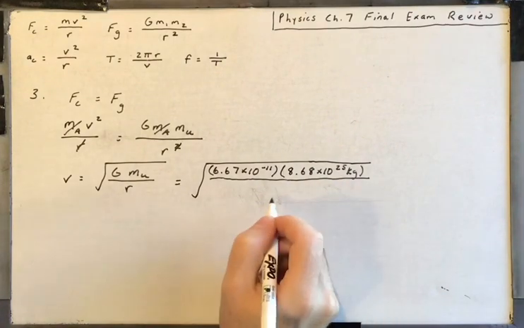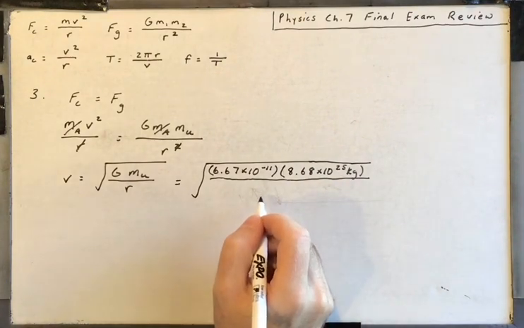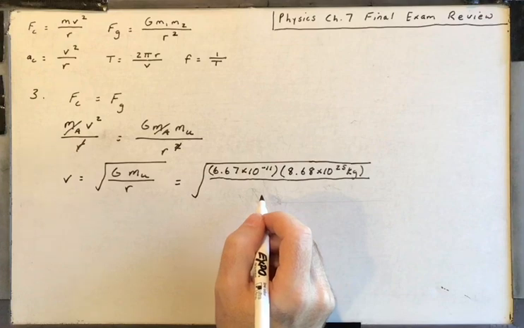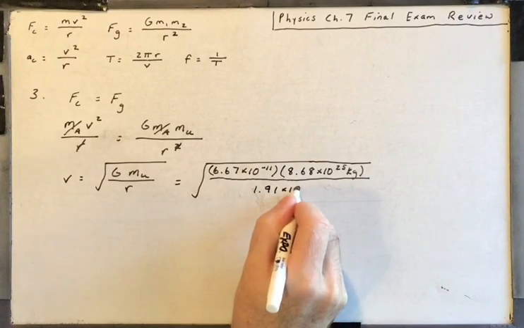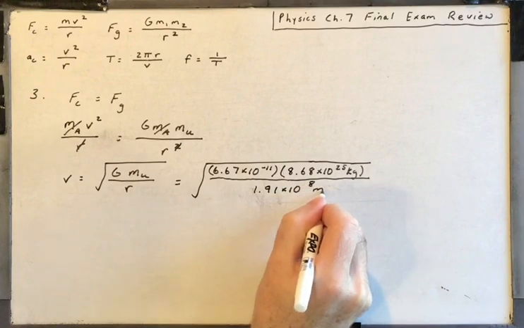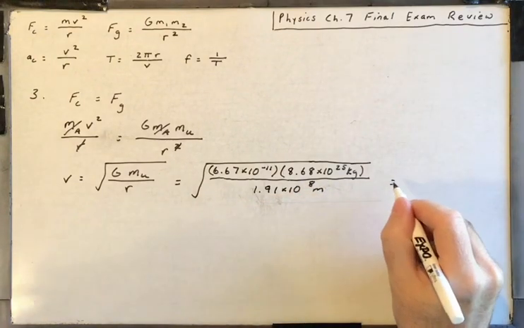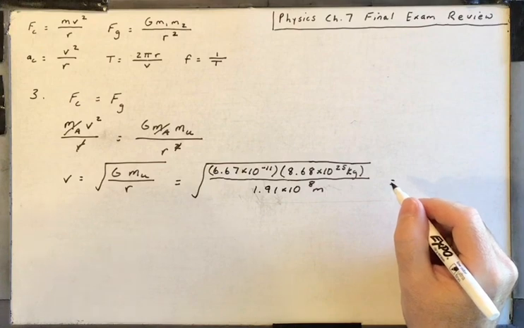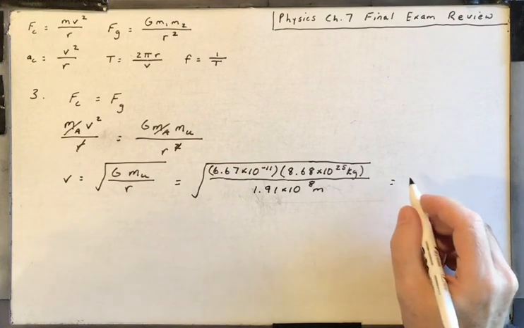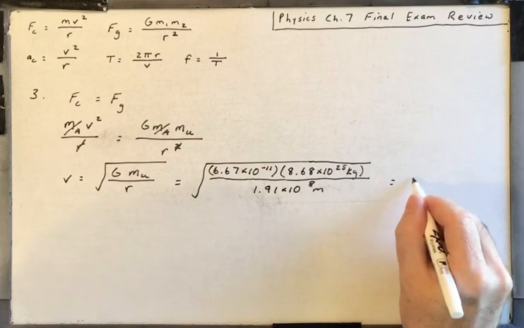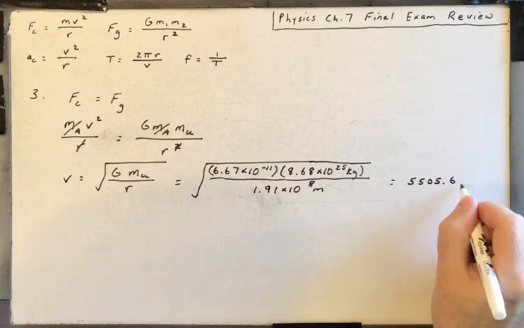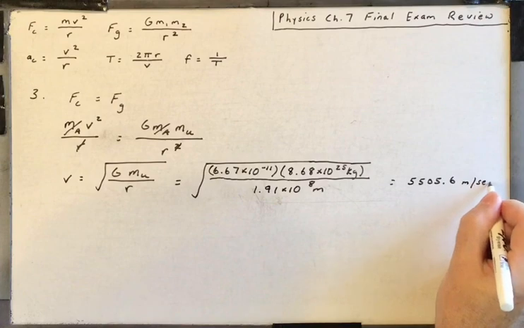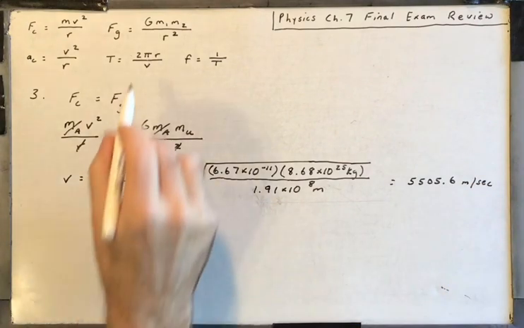That's 10 times Earth, and it's all gas. Over r, which is 1.91 times 10 to the 8th meters. So the velocity, if you get it right in your calculator, is 5505.6 meters per second. Don't circle that though, because we're getting the period.